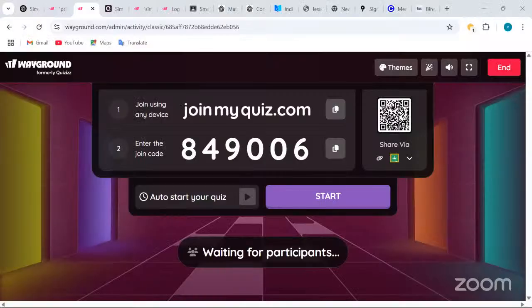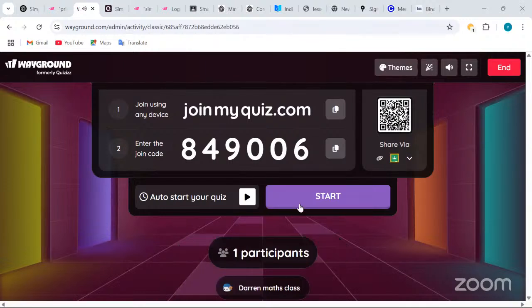It's called Wayground now, so that's the new name. I'm sharing my screen with everyone so that they'll see your progress on the task given to you. Okay, beautiful.